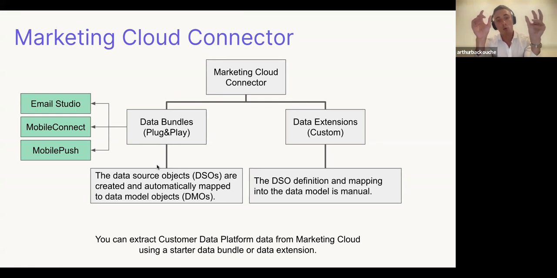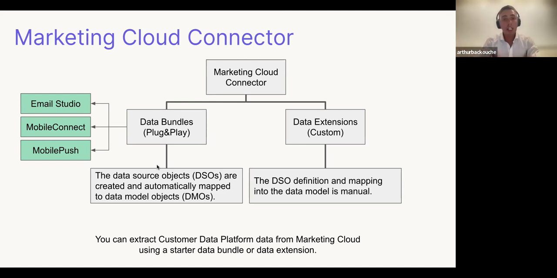And after that, we will have another type of object, the data model object. Once the data is ready to be understood by Data Cloud, we put it in a specific type of object that is a DMO. Once the data is ready, we go all the way from DSO to DMO.